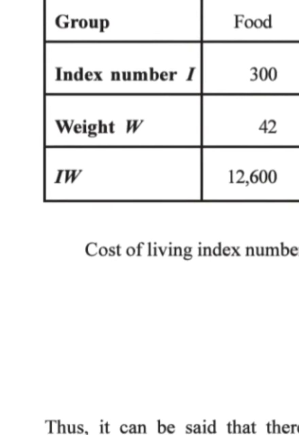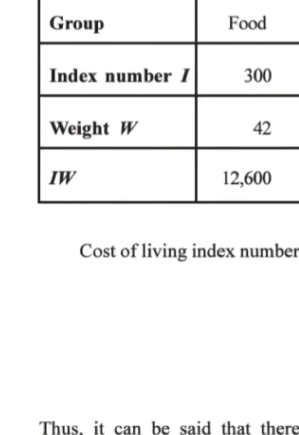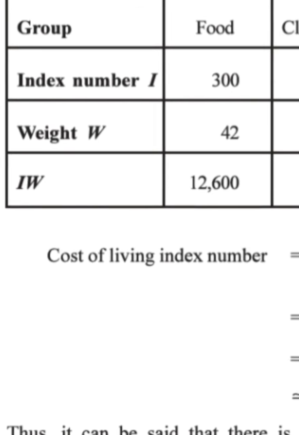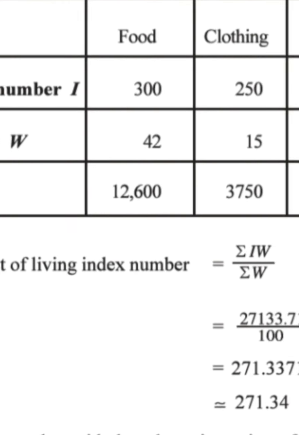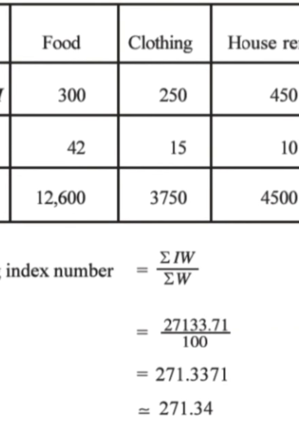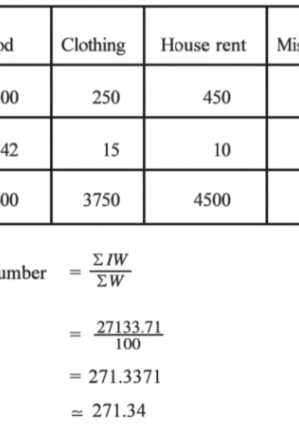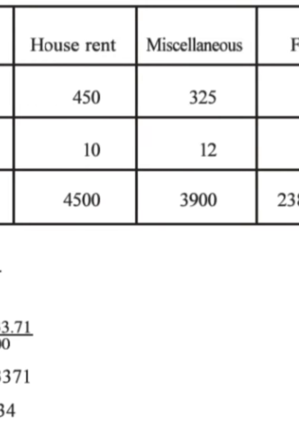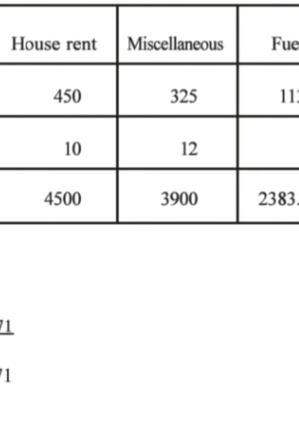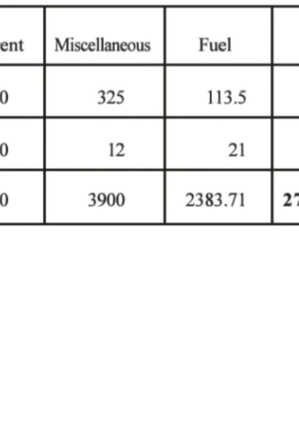Now we are going to find out sigma IW. For each item we multiply I and W. For food, 300 into 42 gives 12,600. For clothing, 250 multiplied by 15 gives 3750. For house rent, 450 into 10 gives 4500. For miscellaneous, 325 multiplied by 12 gives 3900.